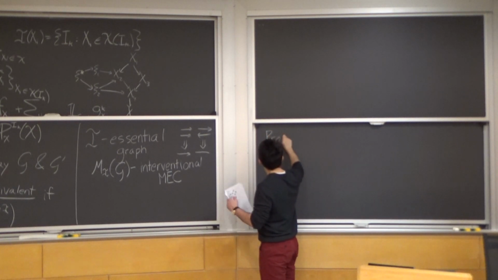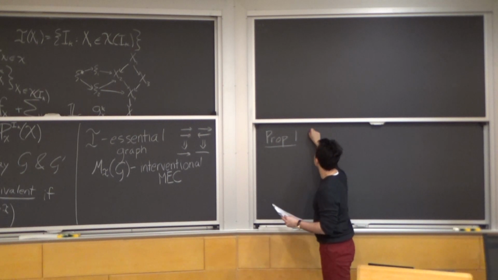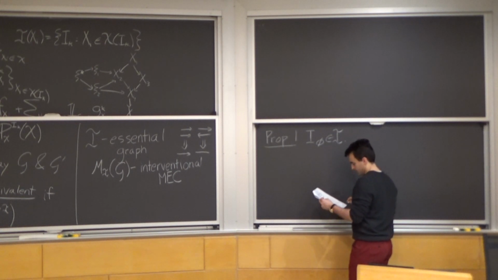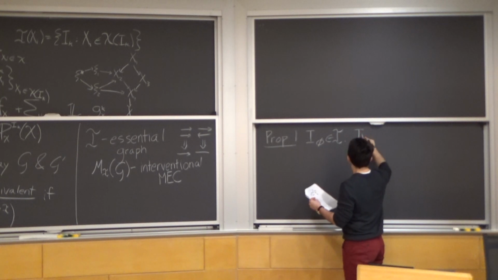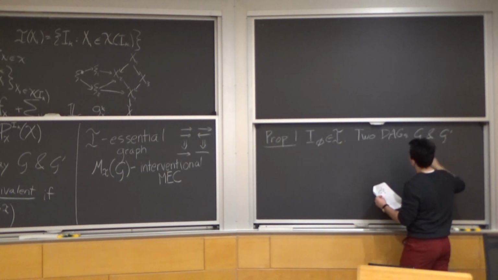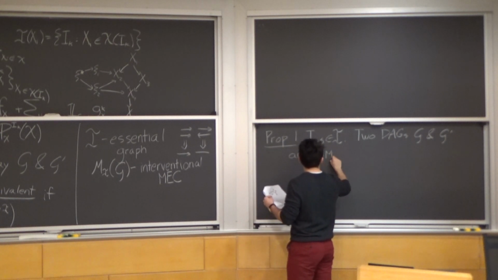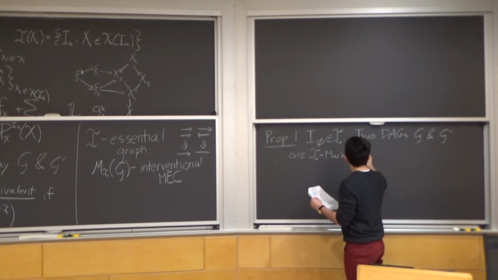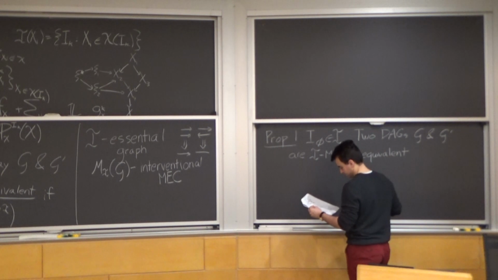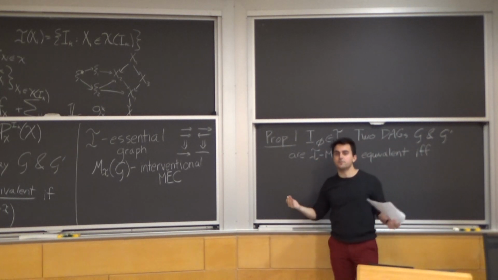What we're going to say is that for some set of interventions I, again with observational data, two DAGs G and G prime are I-Markov equivalent if and only if, well, first, because we have observational data, they better be Markov equivalent.